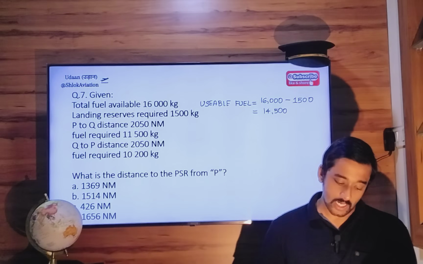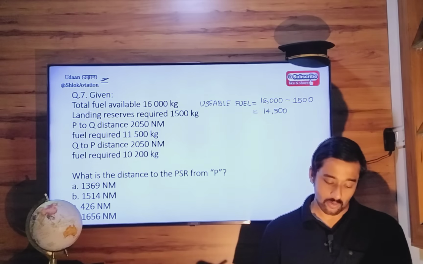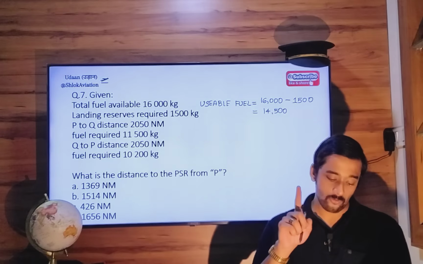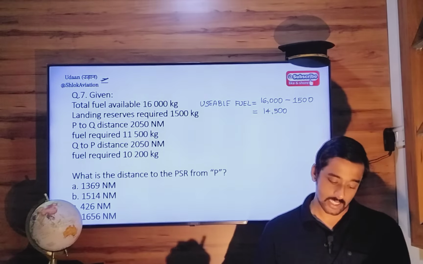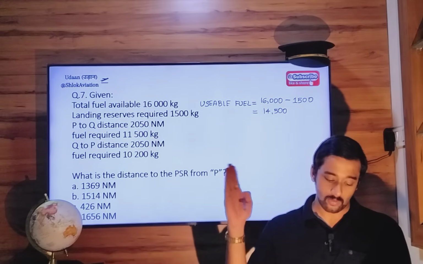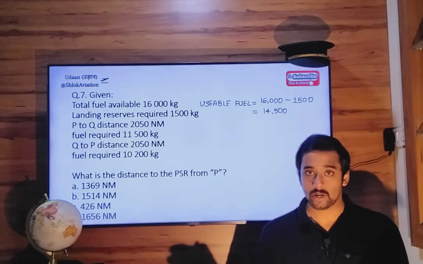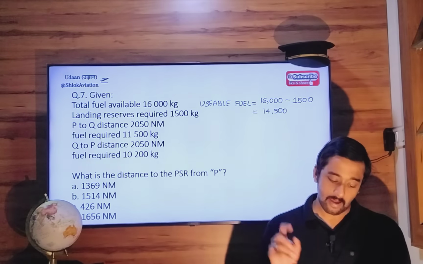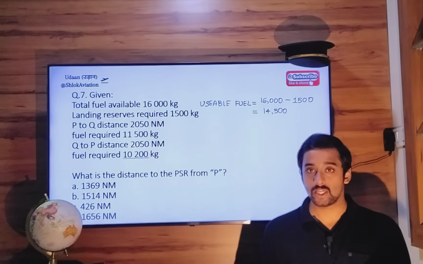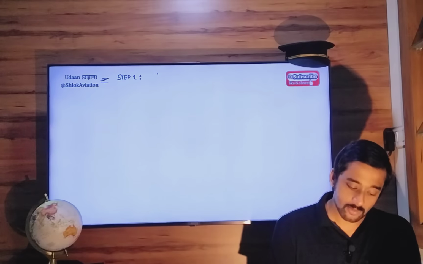Now, total distance departure to destination is 2050. Fuel required is 11,500 to go from the starting to the ending point, and coming back from destination to departure, the same distance of 2050 nautical miles, you require 10,200 kg fuel. So step 1, let's find fuel consumption outbound.